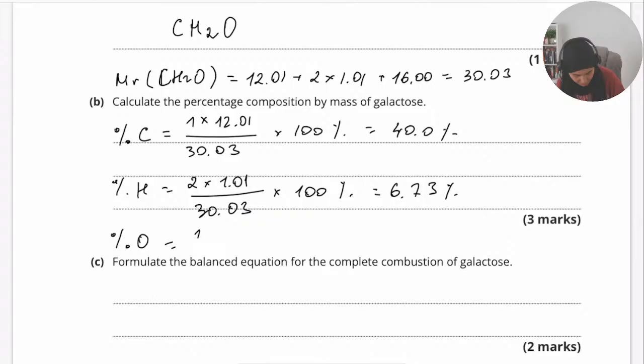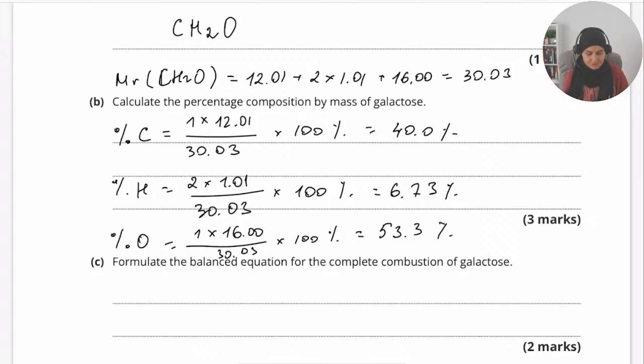So it's 1 oxygen times 16 over 30.03 times 100, which is 53.3. Approximately, the sum would give you 100%.